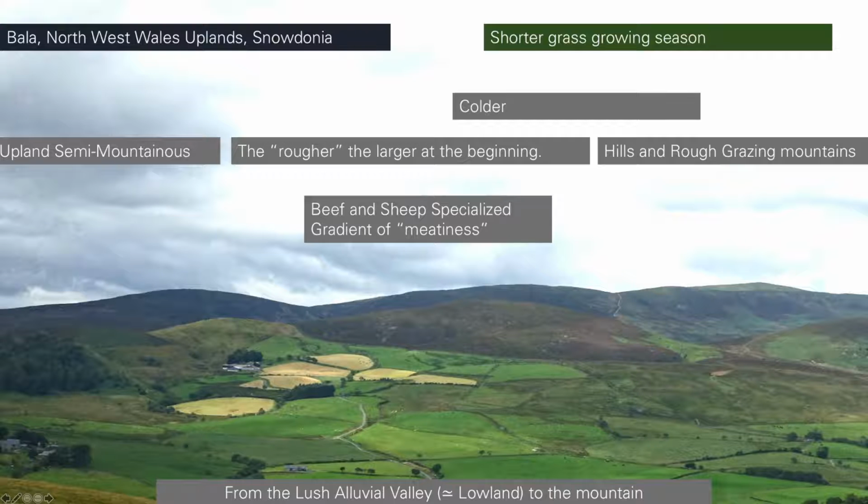You climb up from the lush alluvial valley, which is not far from a lowland in terms of actual potential, to the hills that will be a bit more yellowish with a lower potential, to the mountain. And the higher you go, the shorter the growing season gets, and the lower your production potential, in terms of the amount of finished animal that you can get per hectare.